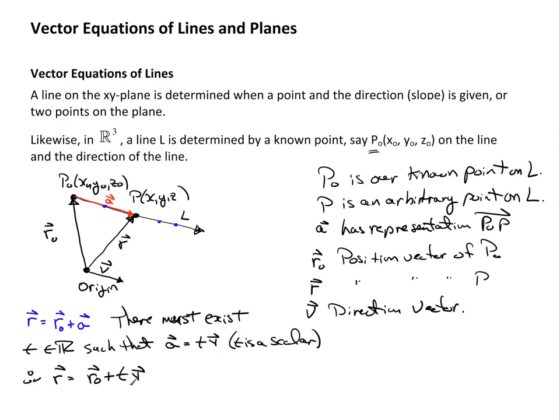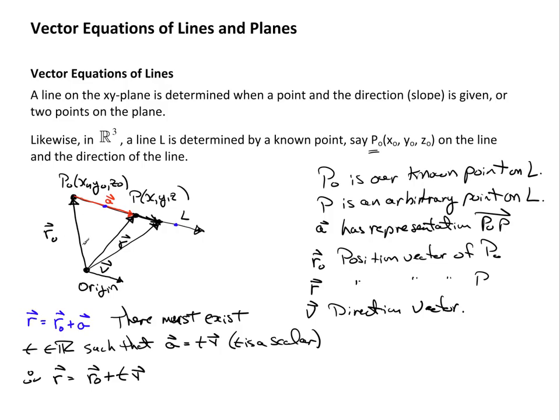Now, any point on the line, any point I want, can be described based on an appropriate value for t. Give me the right value of t, and this vector r would come out to here. Give me a larger value of t and A gets longer, bringing A out to here. So now my vector r is like this, and the tip of r goes through this point. So for any value of t, I can get any point on this line.